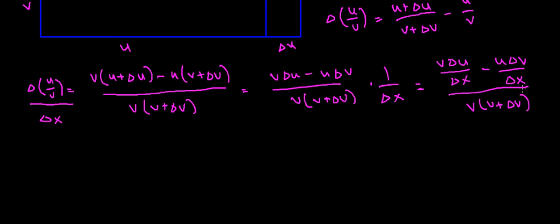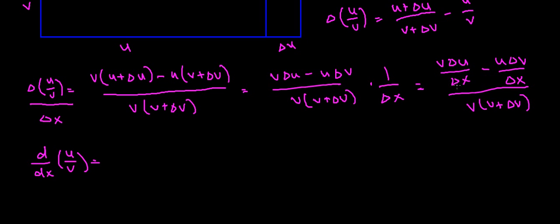And now in order for this to be a derivative, delta x is going to need to approach 0. So I'm going to take the limit as delta x approaches 0. So the limit as delta x approaches 0 of this will be the derivative. Let me just start with the top here.